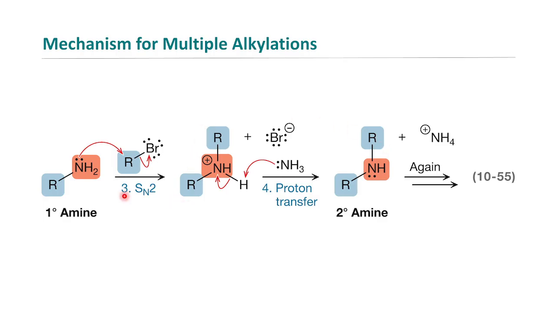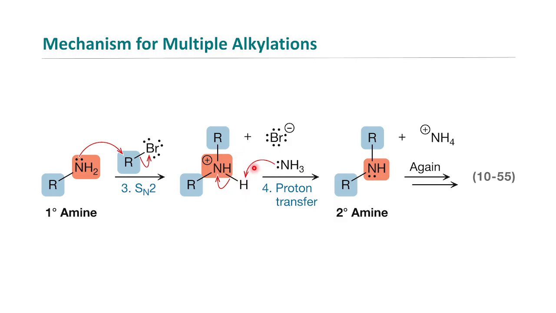Note that if we have the primary amine, and we have enough of our substrate right here, we can actually get another attack, because this is still a pretty good nucleophile. And so it's going to attack another one of these R groups. And again, bromide's going to leave in another SN2 attack. And so we'll get another alkylation on this amine.